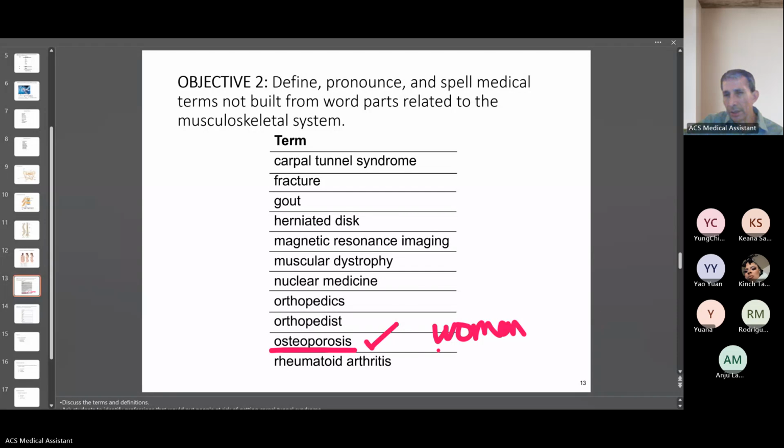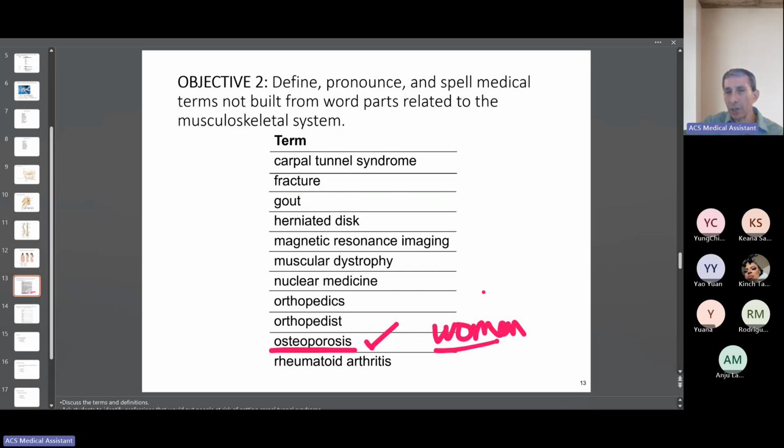Women. Yes, men suffer osteoporosis, but it's very, very minimal. Females suffer more. Why is that? Because females after menopause no longer produce estrogen. And estrogen is the hormone that helps to retain calcium and vitamin D. Since you're no longer producing it, you lose it.